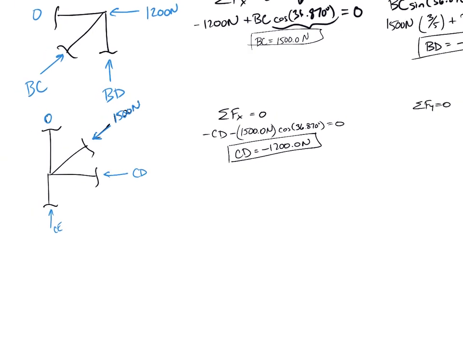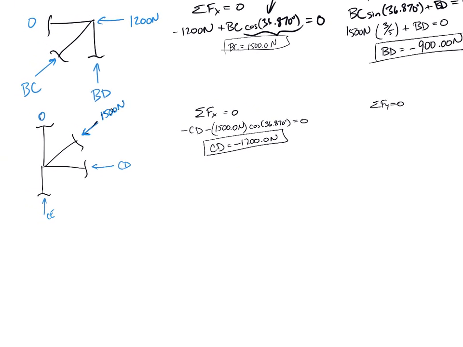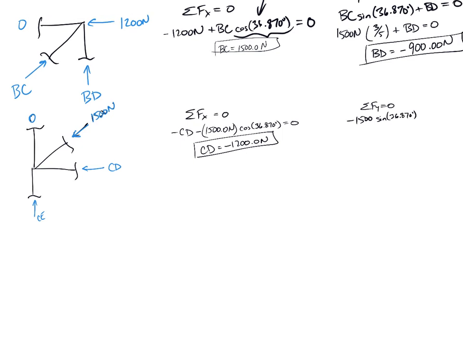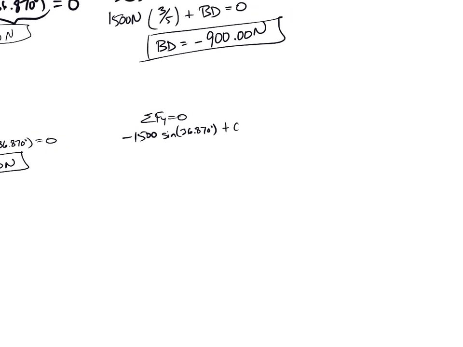Then forces in Y. We've got negative 1500 sine of 36.870 degrees plus CE equals 0. So CE equals, well, sine is 3/5 in this case, so that's going to be 900.